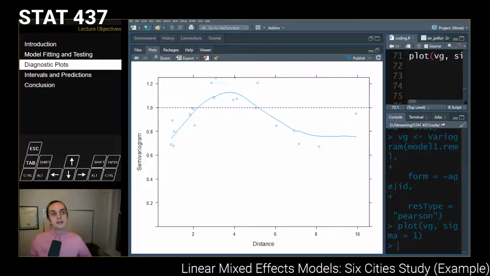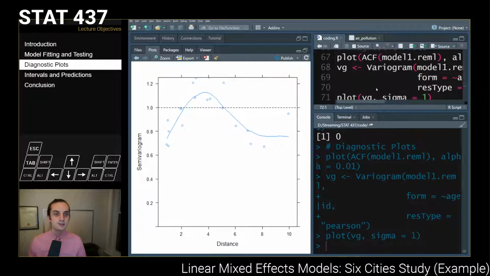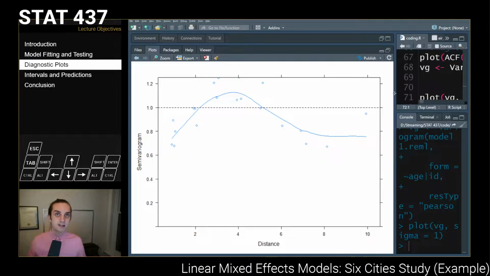Now, what we know is that a variogram, if you were to take a peek at what this is actually doing, should be randomly varying around 1 if the model is correctly specified. Okay, so you shouldn't see any systematic trends in it. It should go up and down around 1 and always sort of be hovering there.